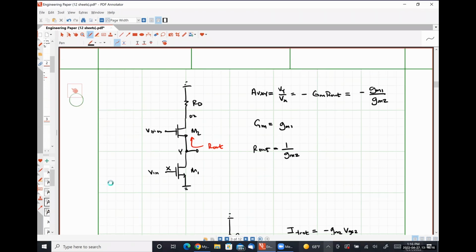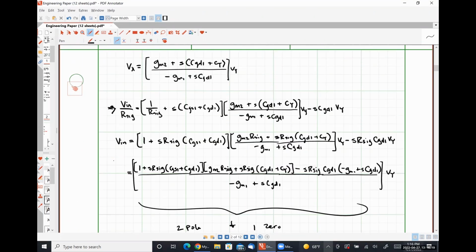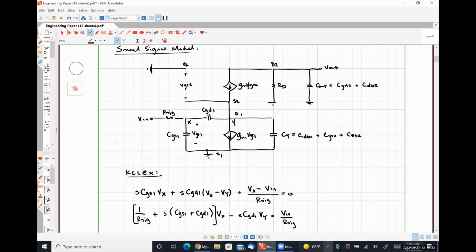So what that would do would effectively associate a single capacitance with node X and resistance, a single capacitance with node Y, and a single capacitance with our output node so that we could effectively find a pole associated with each of those three nodes, which would be a good estimation of our horrifying looking transfer function. I believe I'm going to have you guys do that for a homework problem. Again, largely because I don't trust myself to do good math right now.